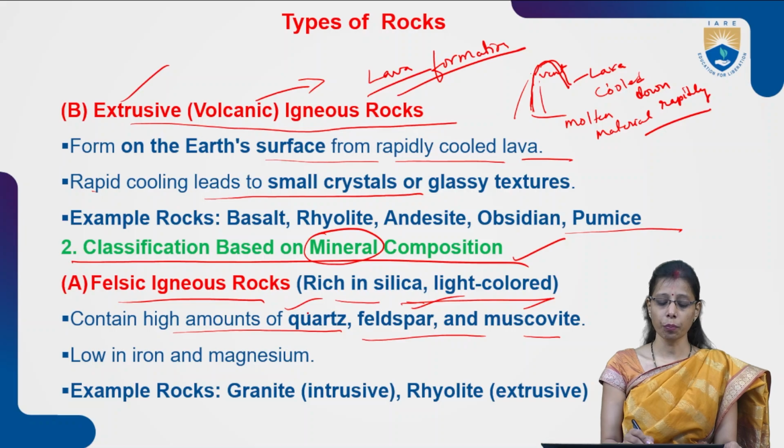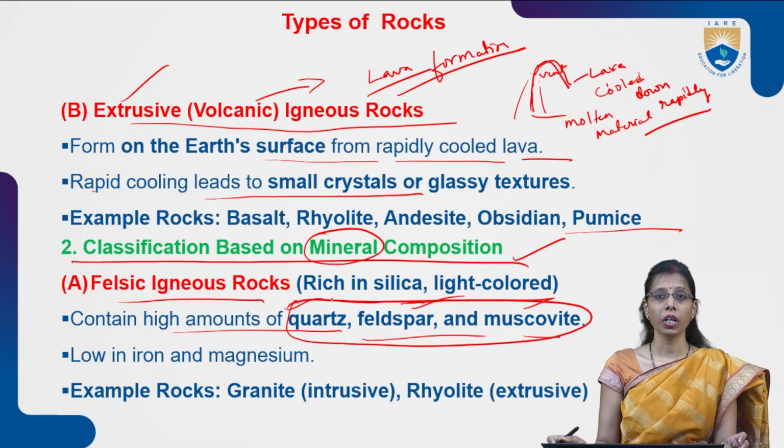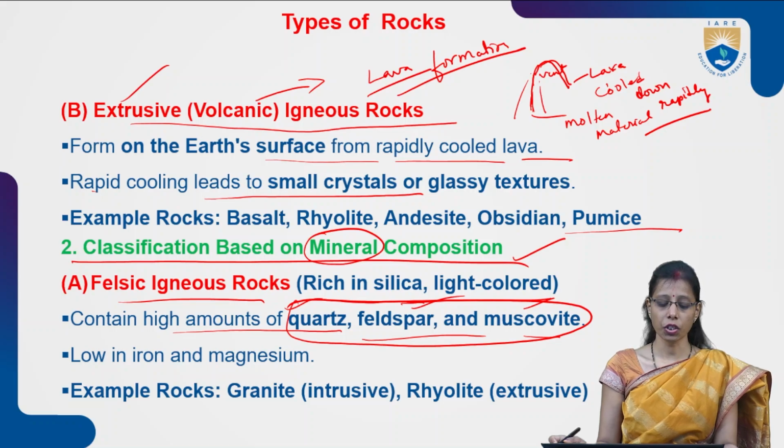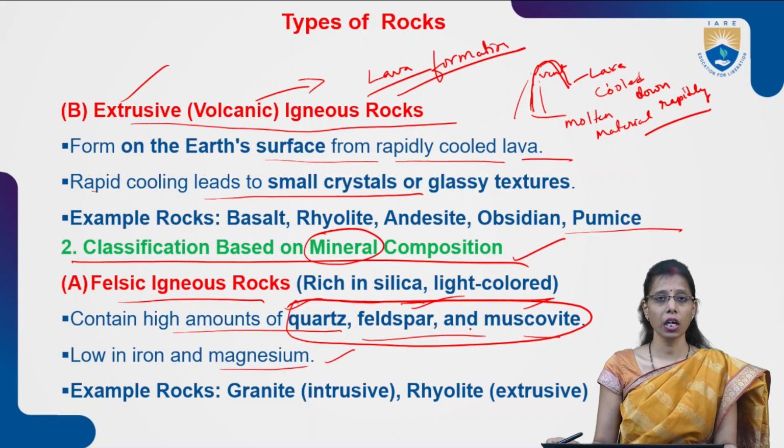If you remember, in the previous lectures we have already discussed these three kinds of minerals, that is quartz, feldspar and muscovite. These three types of minerals are present in these igneous rocks. They are low in iron and magnesium, but rich in silica, and they are always light colored.